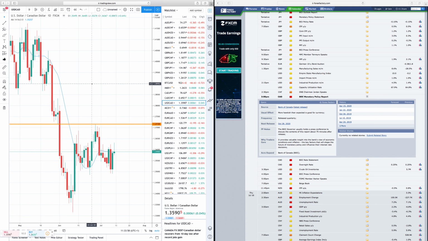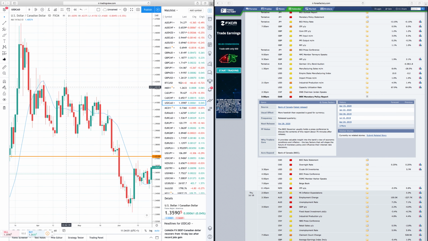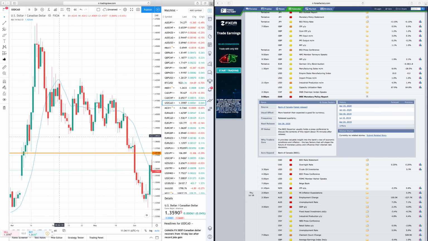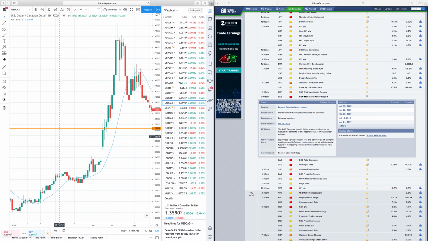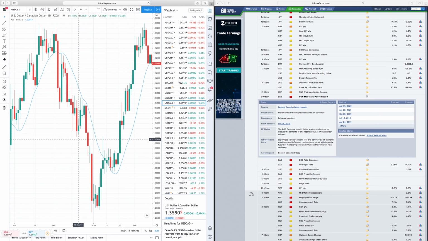So the 15th of April was the meeting before. You saw a strong move up in the USD CAD, and the same thing was apparent on the 22nd of January as well. Bear in mind, 22nd of January was even before the whole pandemic really started.